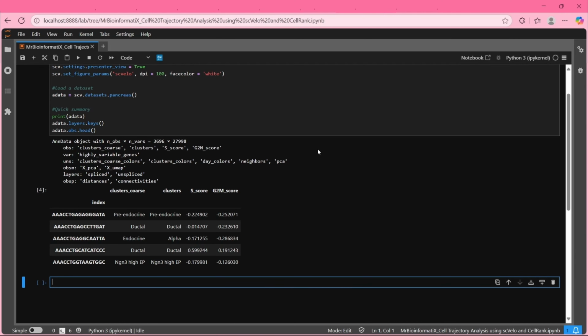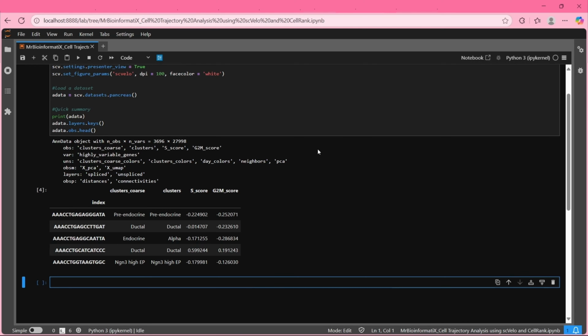For example, a negative value means not in S phase, and positive means actively replicating DNA. G2M_score is a numerical score showing how active G2M phase genes are, the mitosis part of the cell cycle. Negative means a resting cell, but positive means a dividing cell, and so on.